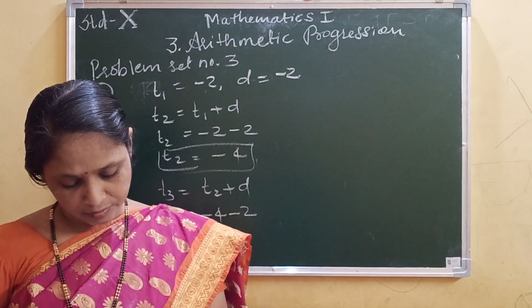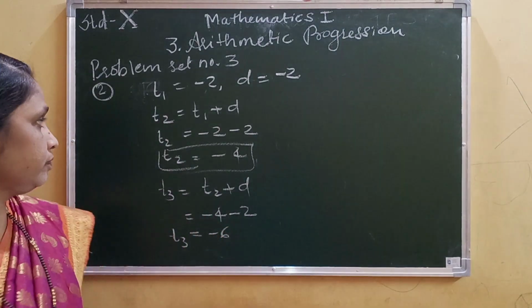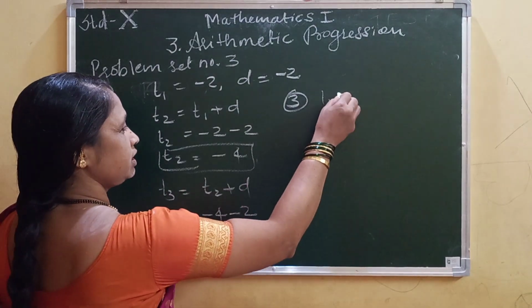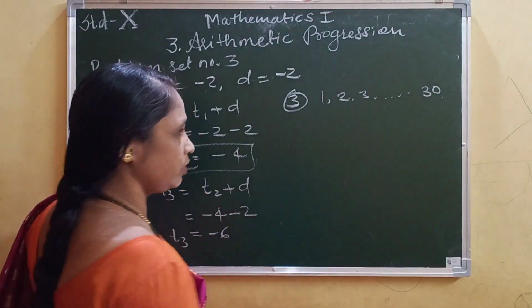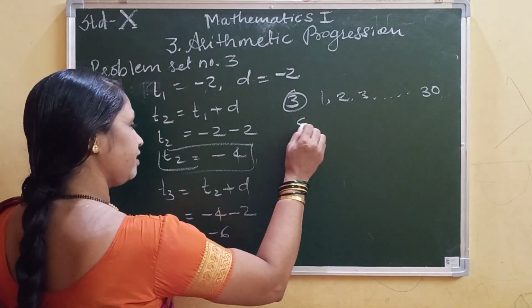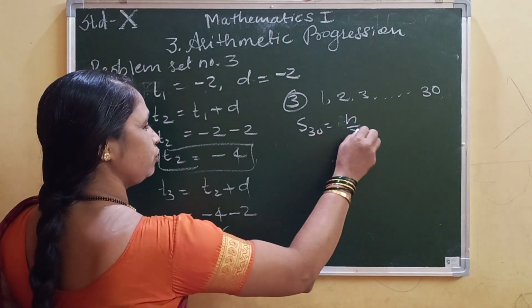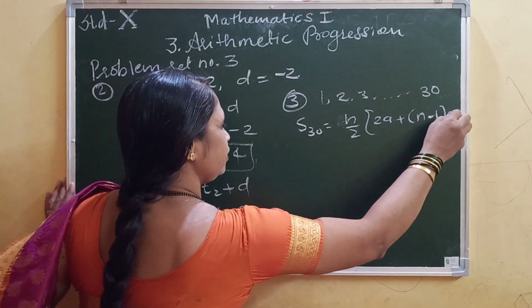Now third question, see, what is the sum of first 30 natural numbers? Sum of 30 natural numbers means what? Here it is given. Now series is 1, 2, 3 up to 30. Okay, you have to find Sn. S30 you have to find out. Means it is n by 2 bracket 2a plus n minus 1 into d.